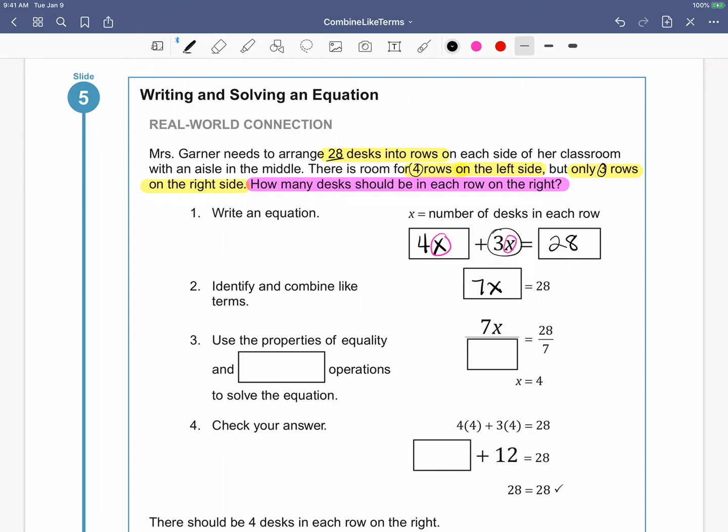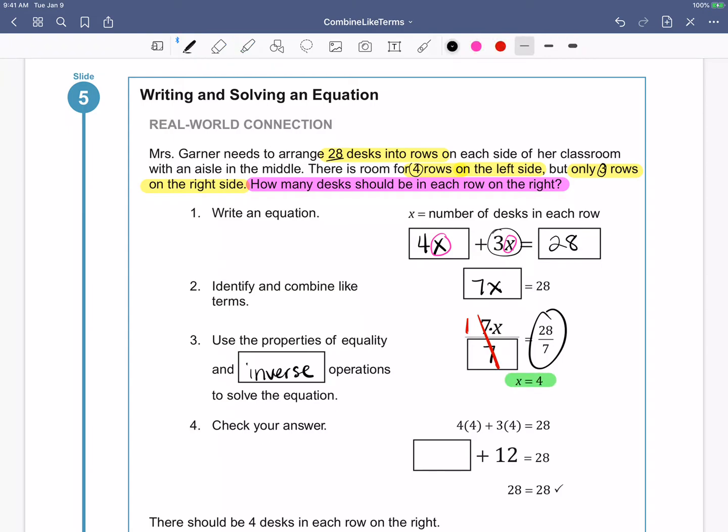Now use the property of equality and inverse operations to solve the equation. So if this is a multiplication, the opposite is going to be the division, so I'm going to divide by 7. This is going to cancel out because it'll give me 1. And then I'm left with 28 divided by 7, which is 4, right?